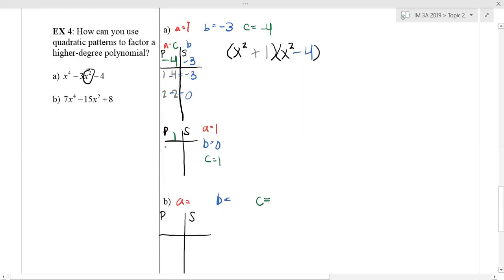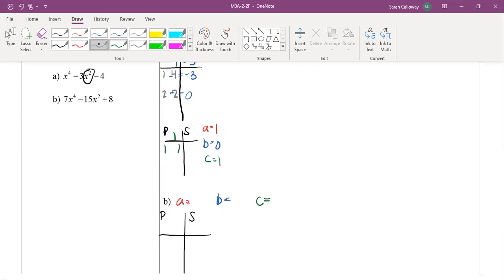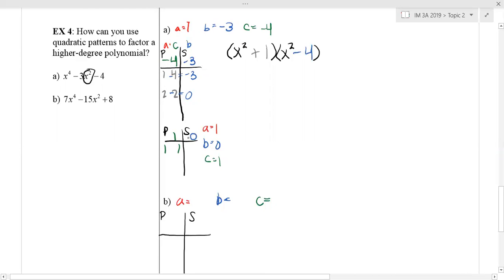And so I know those two numbers are 1 and 1. Because the sum is 0, I know that they need to be opposites in order to add to 0. However, this tells me that the two numbers are the same sign. So it would have to be 1 plus 1, which would give us 2. Or it would have to be negative 1 plus negative 1, which would give us negative 2.